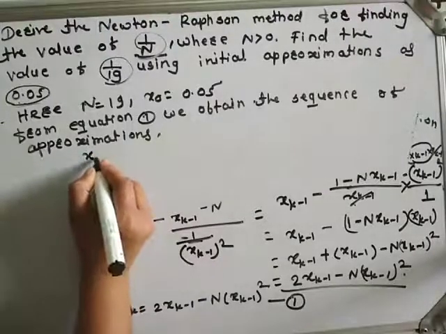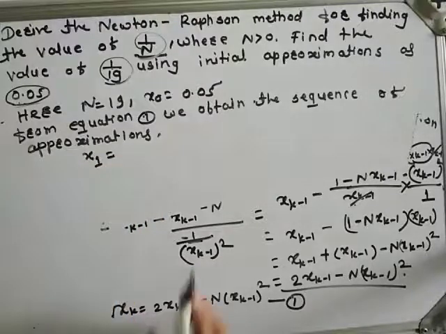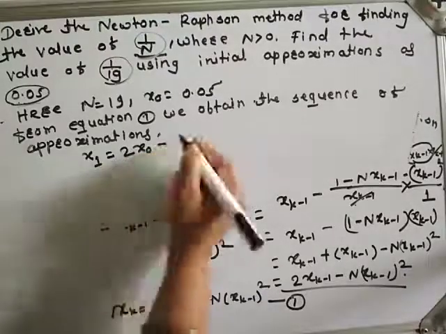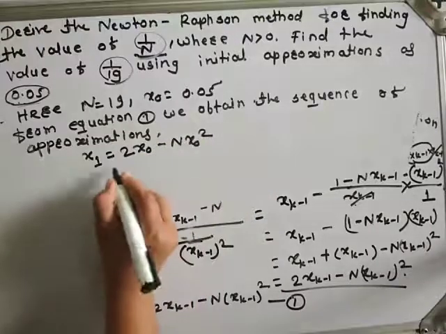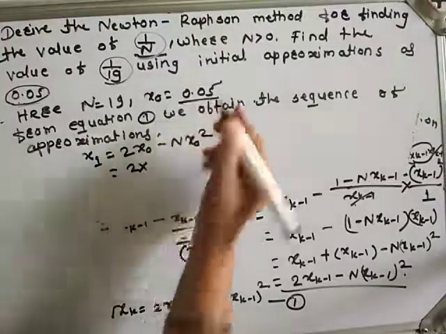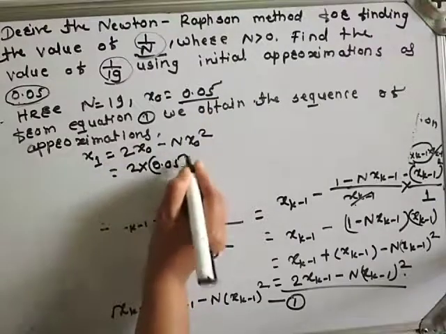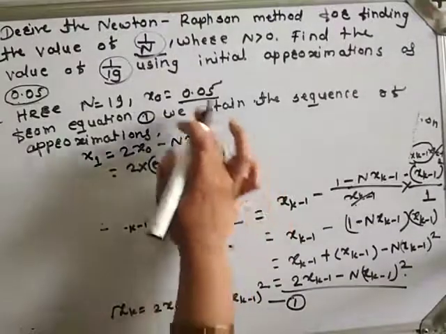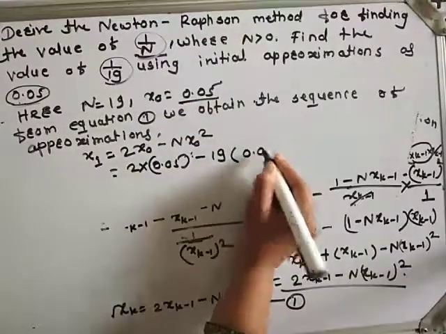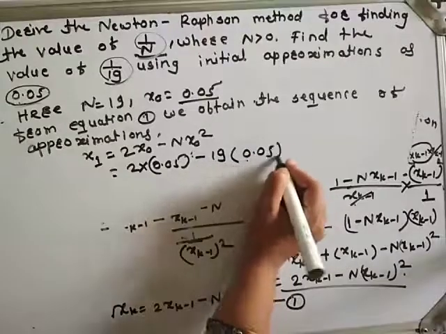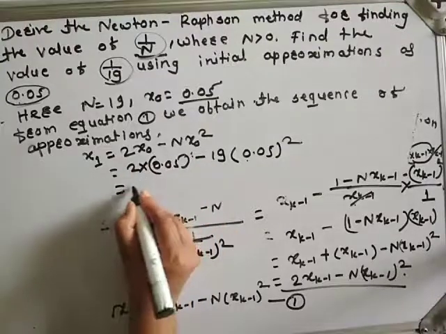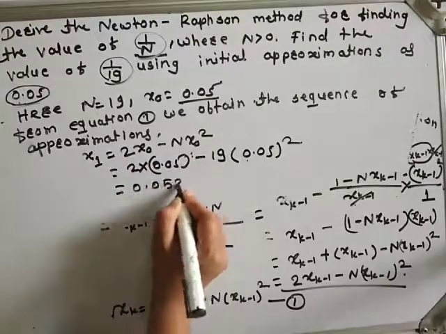So x1 is equal to 2 into x0 minus n into x0 square, since k is 1 and 1 minus 1 is 0. Here 2 into x0 is 0.05 minus n is 19 into x0 square, x0 is 0.05 square, which after calculating on calculator, we get 0.0525.